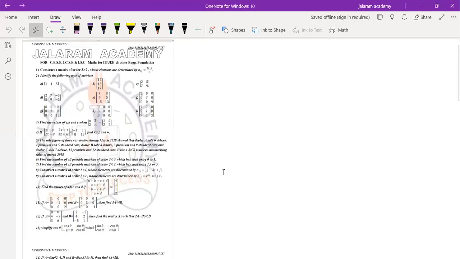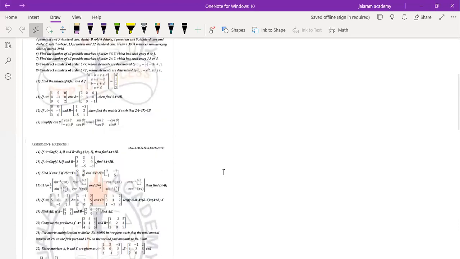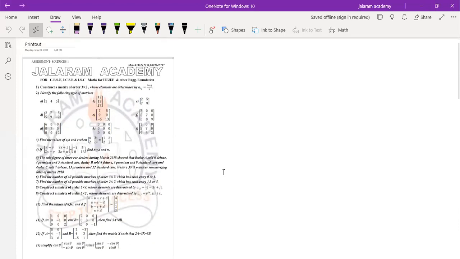Now you have to check for the type of matrix from this sheet.